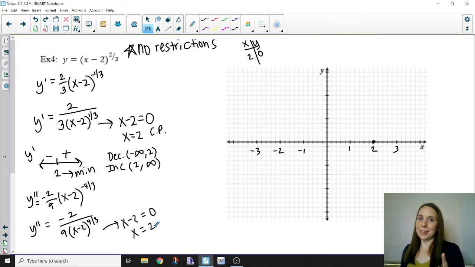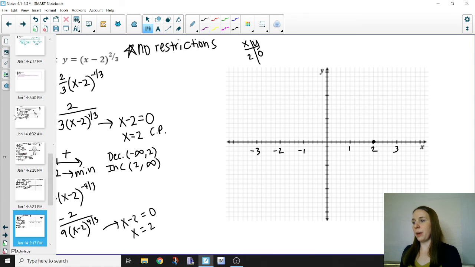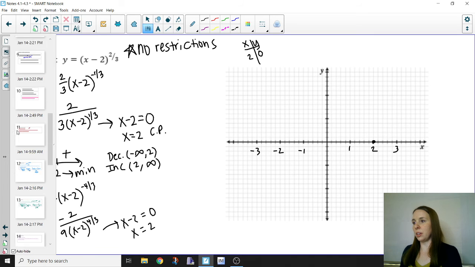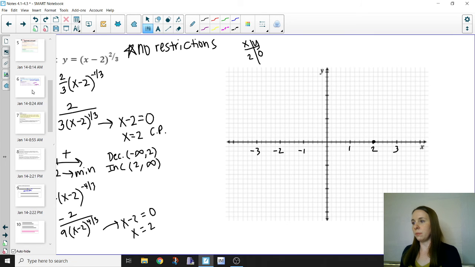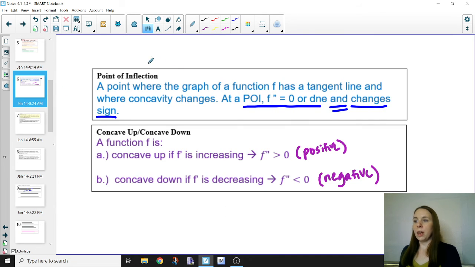Okay, but this is going to seem a little confusing, I think. It's not really a possible point of inflection. And here's why. If we go back to the definition of points of inflection, a point of inflection is a point where the graph of the function has a tangent line and where concavity changes.